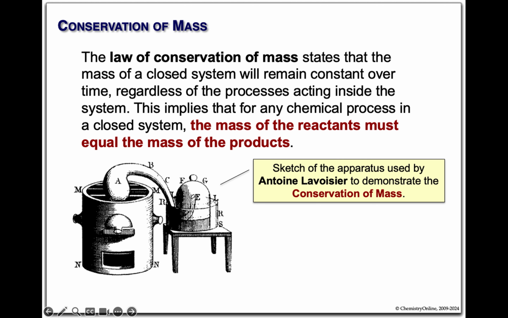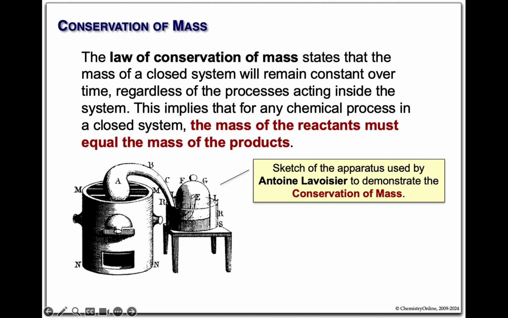Lavoisier was a French chemist. He was a noble person and did chemistry in his basement. He determined the conservation of mass law, mass of reactants must equal the mass of the products. Again, this had escaped everybody.